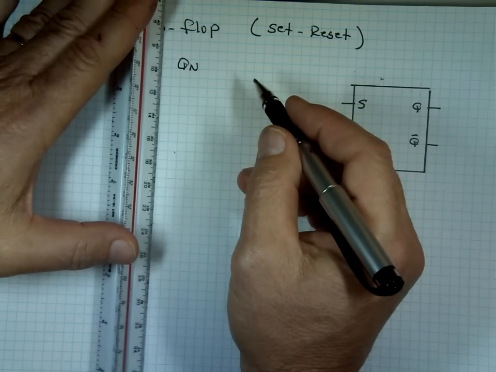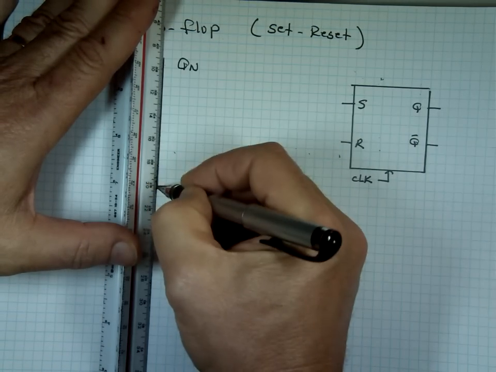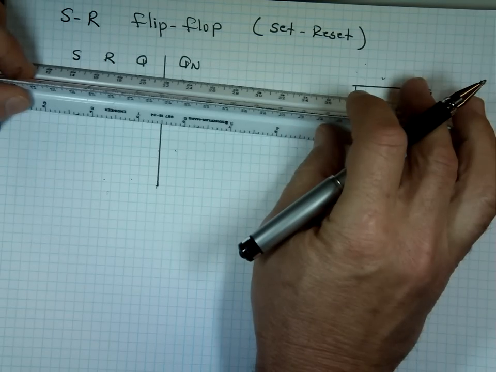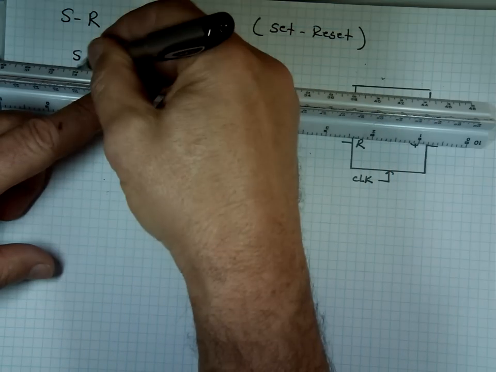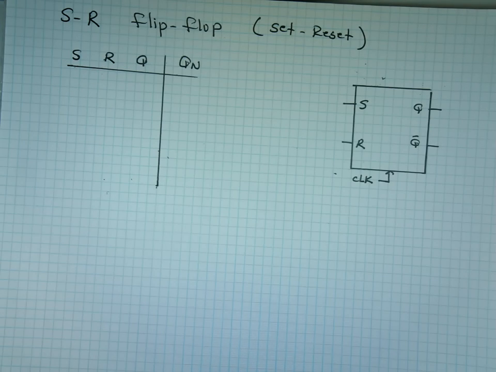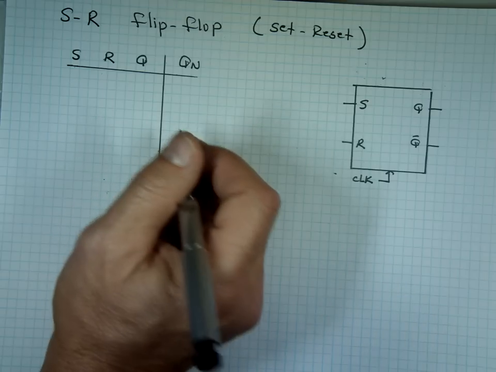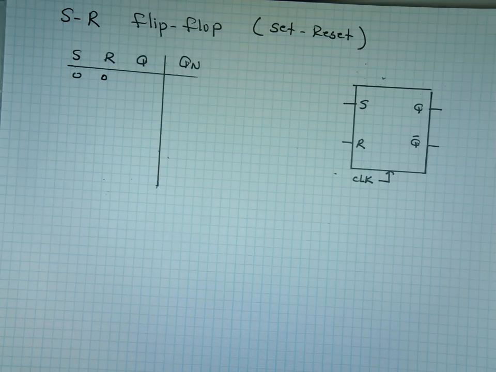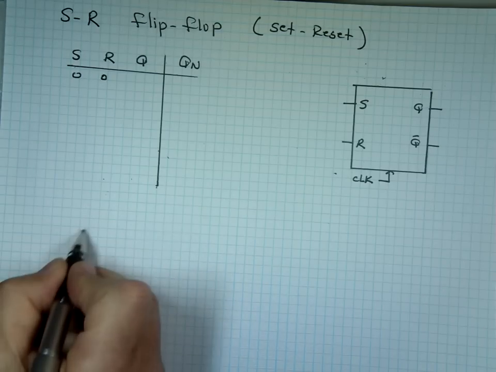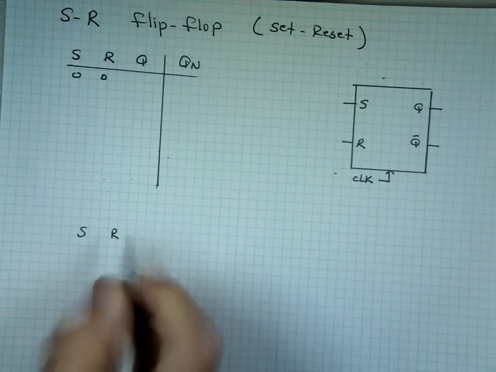The way the SR flip-flop works, when S and R are 0, I'll make another column under it, Q next.